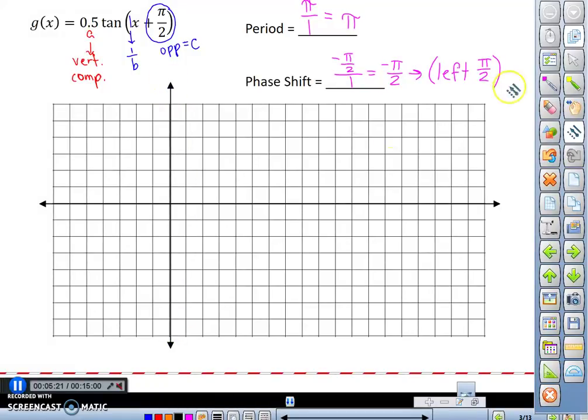And again, I'm going to use that scale of pi fourths radians, because pi divided by 4 would give me pi fourths, so that's a good scale for me to use. So these are multiples of pi. And this way would be negative pi. My y-axis, I'm just going to go ahead and use a scale of 1 unit. I do have a compression, but I think it'll be easier to see if I use a scale of 1 unit, how it compresses, rather than changing my scale.